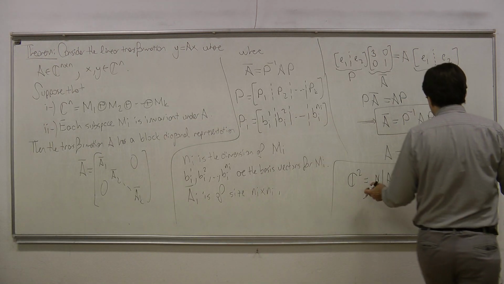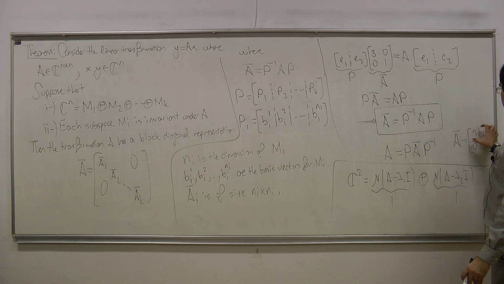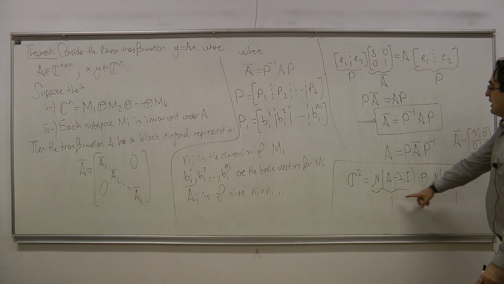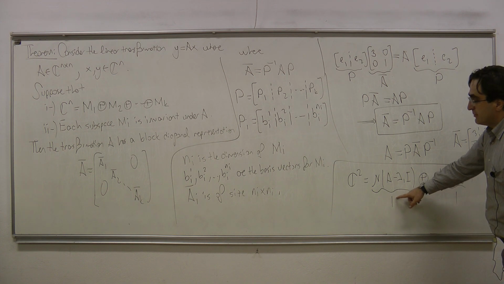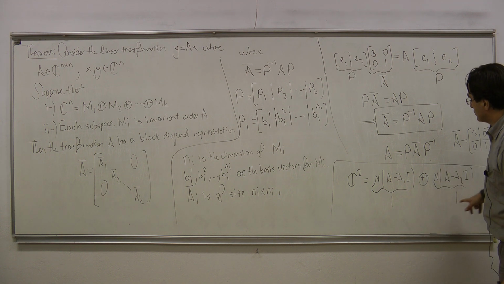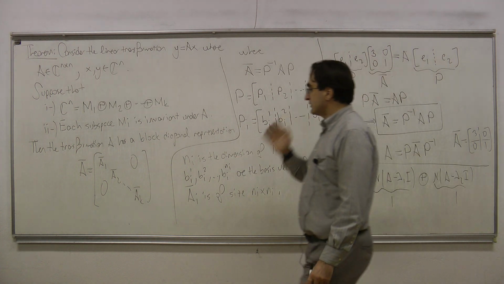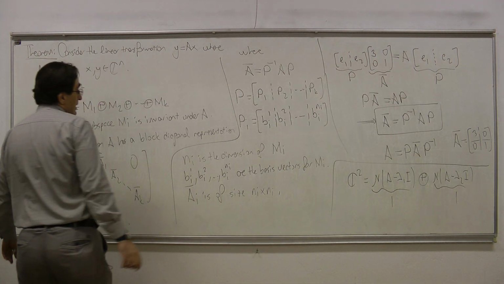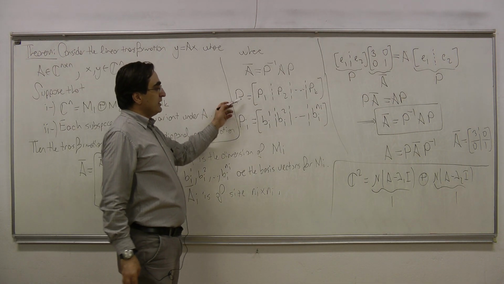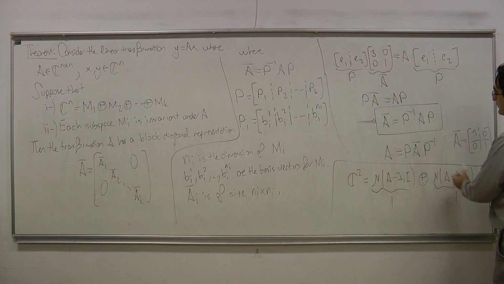Remember, in the earlier case, our blocks were 1 by 1 blocks, because the dimension of these subspaces was actually 1. That is why we had a diagonal representation. And we formed the P matrix in this case from the basis vectors of these null spaces.